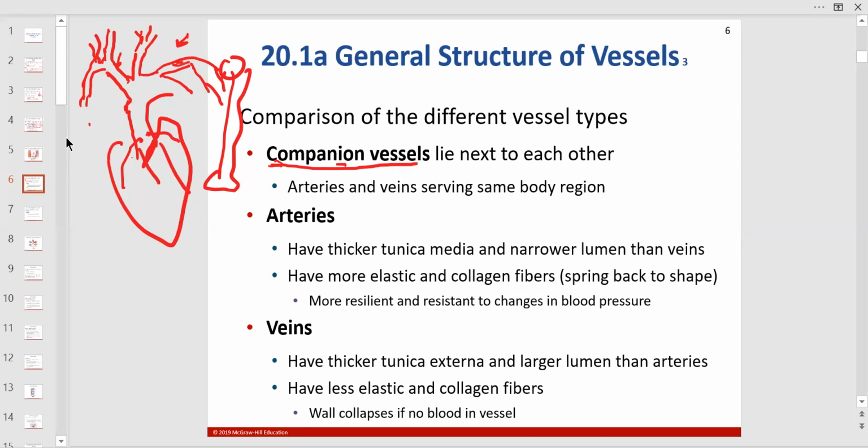There's a vein called the cephalic vein, which doesn't have a companion artery. So just listen to those names and that'll help you. But most of them are paired, like femoral artery, femoral vein, right and left common iliac arteries, right and left common iliac veins, brachiocephalic veins. So that's what companion vessels means.